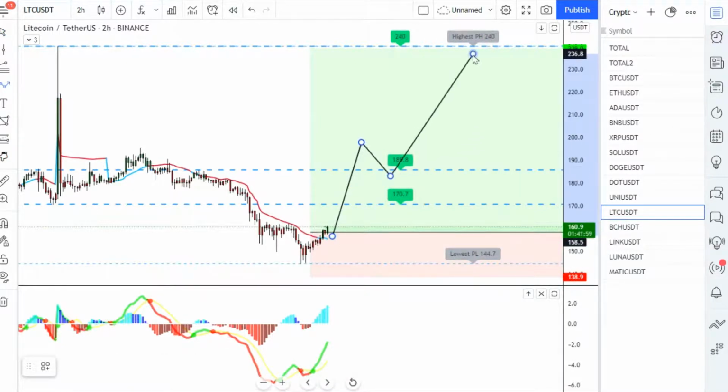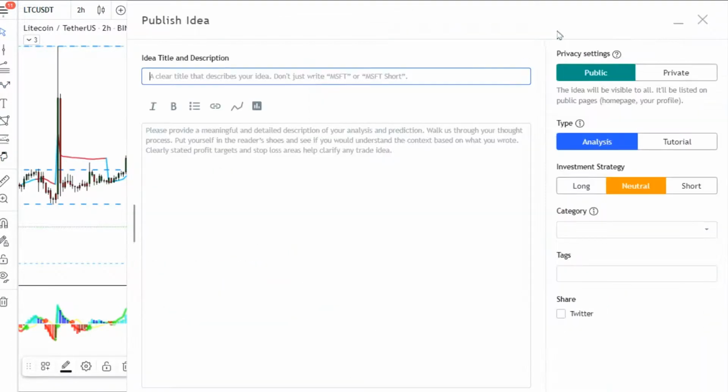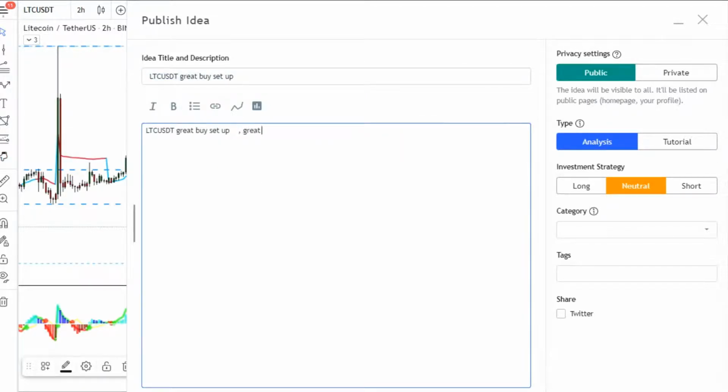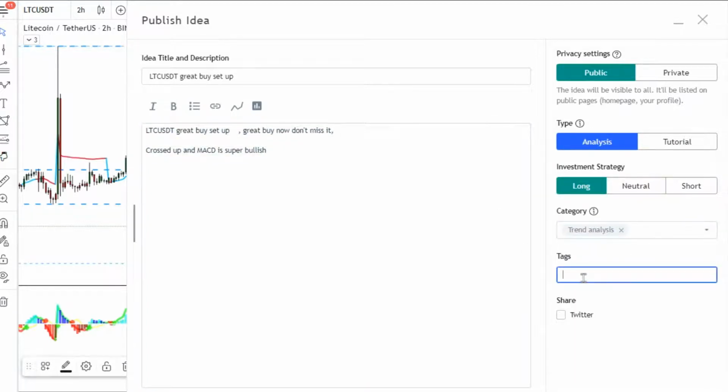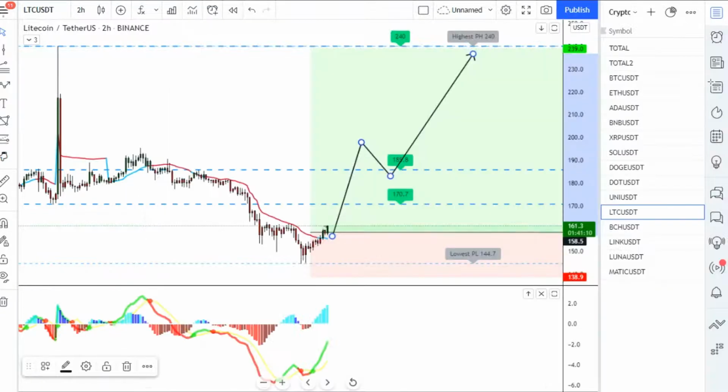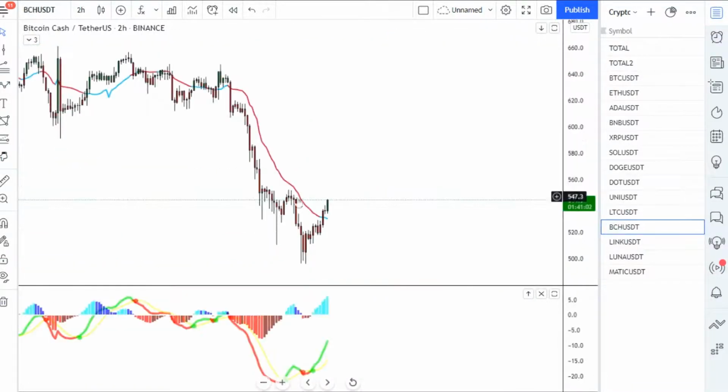So also LTC here, great potential. You can see the buy. See, guys, it's very clear.